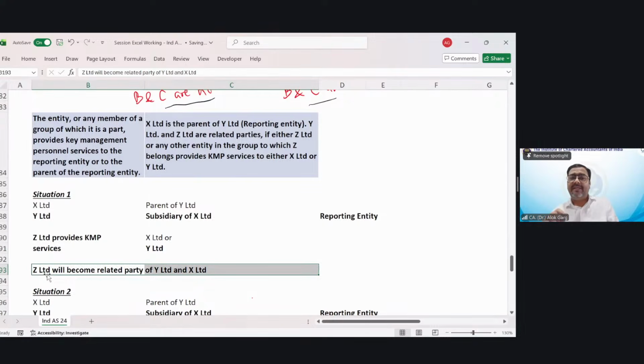So if the entity or any member of a group of which it is a part provides KMP services to the reporting entity or to the parent of the reporting entity, it will become a related party to both the entities. Clear?